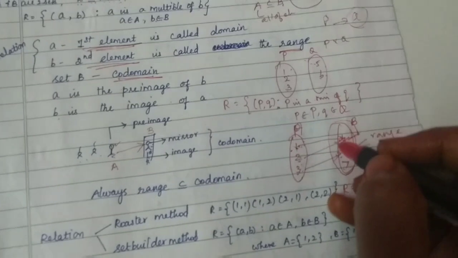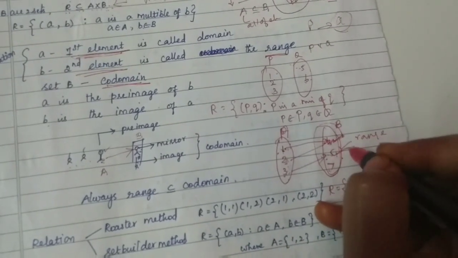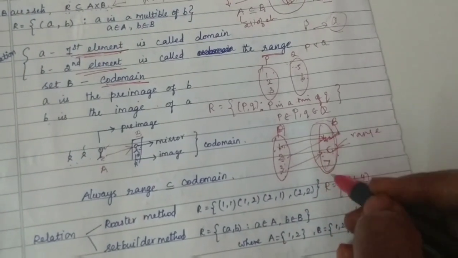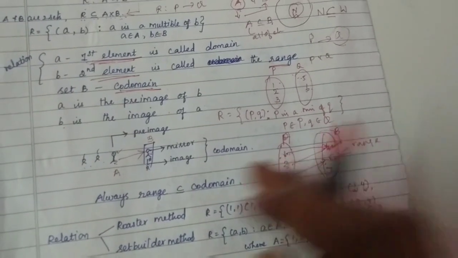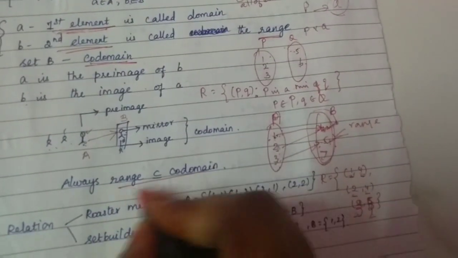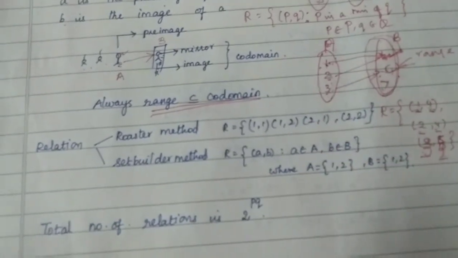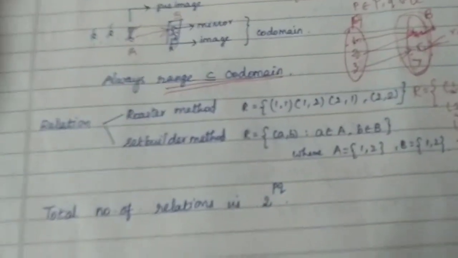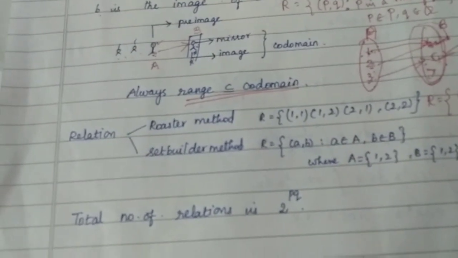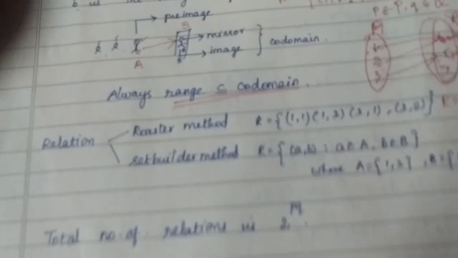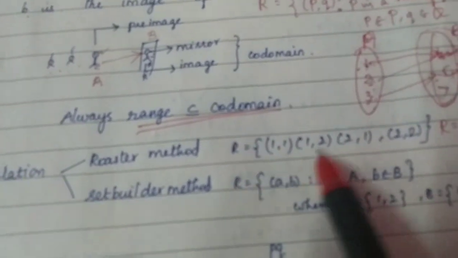Always consider this is nothing but the range I told, and the whole set is nothing but the codomain. Therefore, range is contained in codomain. This is a very important relation between range and codomain. As I told already, a relation can be written in roster form and set builder form. Roster form is if you are writing mathematically.